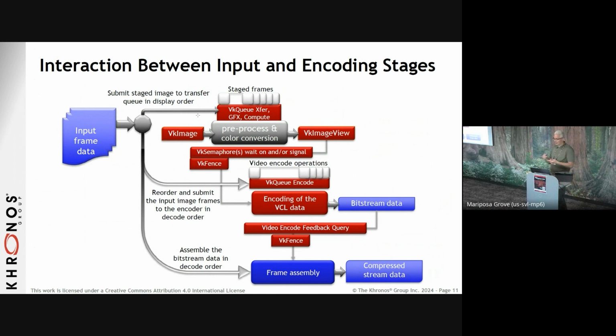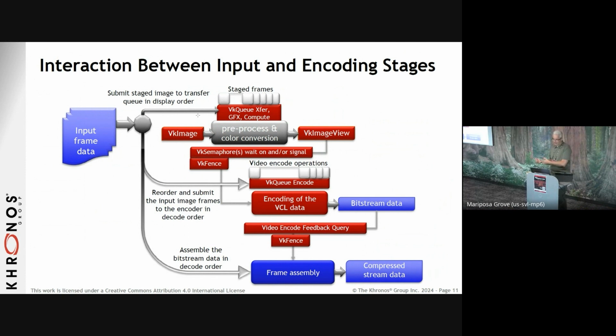I'm going to show you the way the reports work through the encode feedback query. It usually tells you what size the encoder produced as output, and also tells you if there are any offsets, if you're going to do a more complex sequence. There are more things which I'm going to talk about later. And the final stage, of course, is the frame assembly.